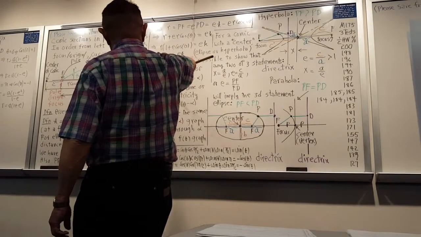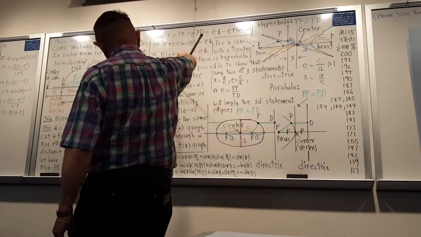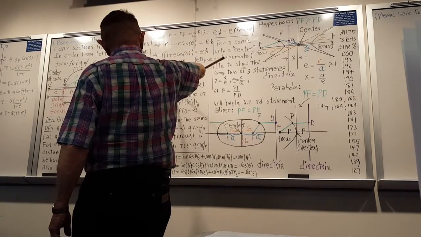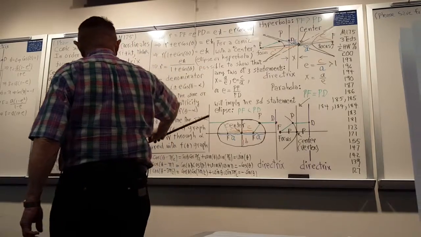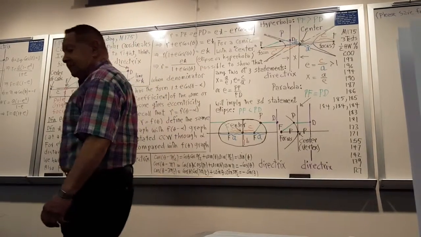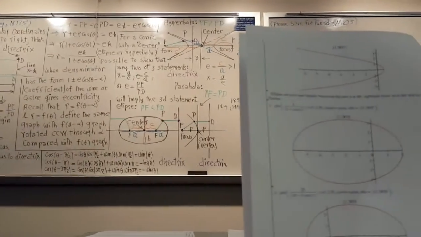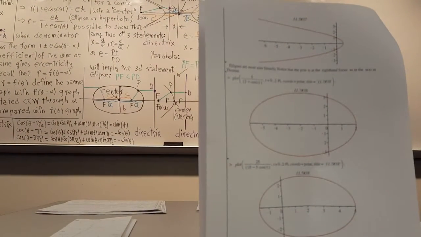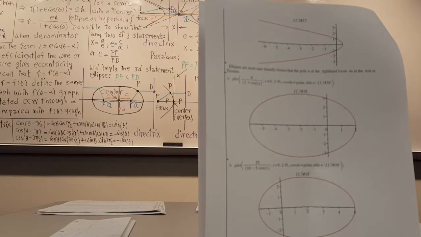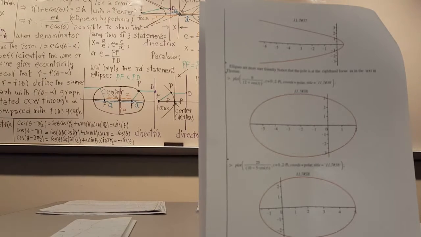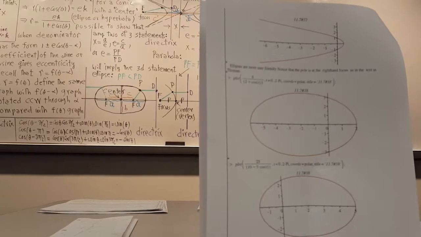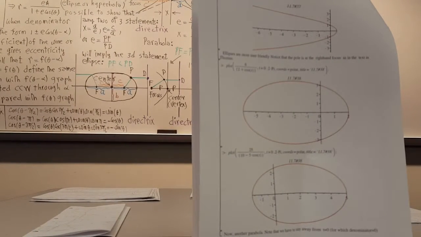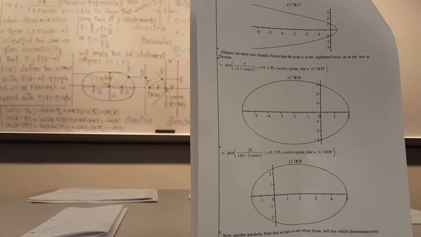When the denominator has the form 1 plus or minus E cosine theta minus alpha, that's the coefficient. So to recognize what you have, you'd have to divide top and bottom by 2. So it's the same as 3 over 1 plus a half cosine. So now you see the eccentricity is a half, and therefore that it's an ellipse.